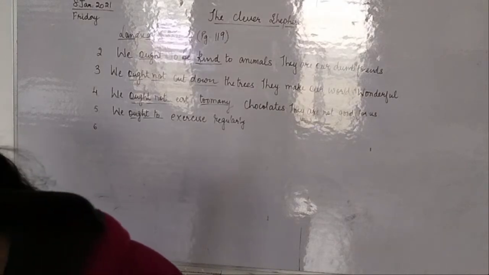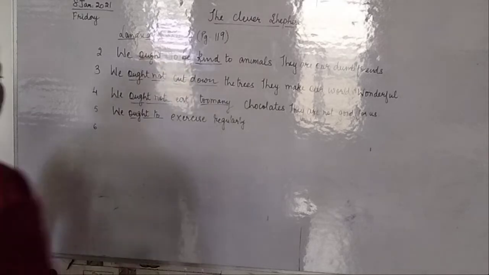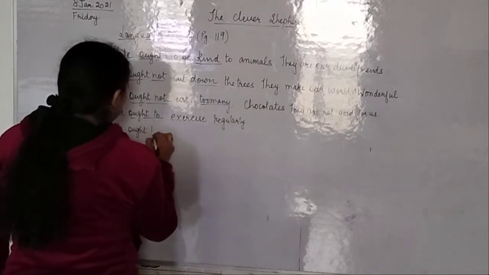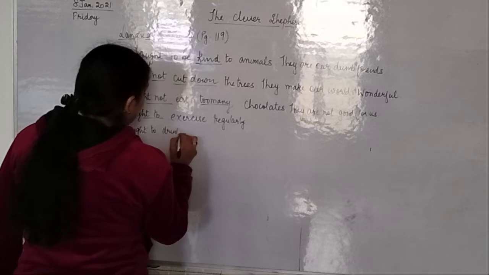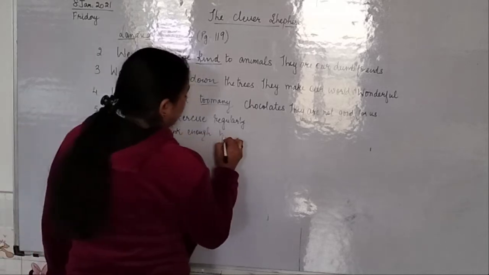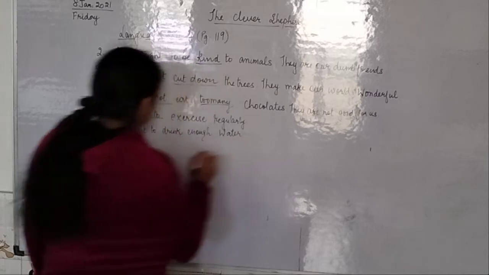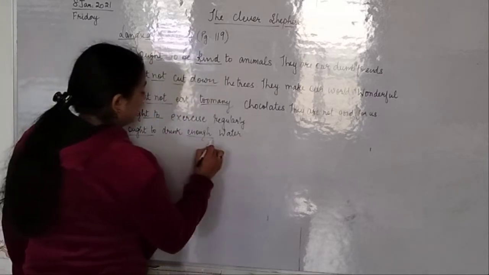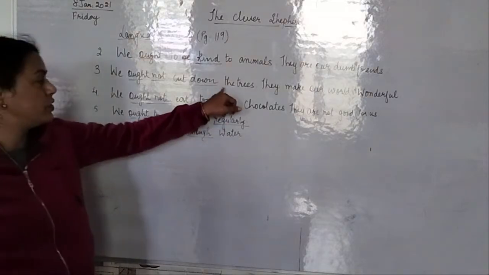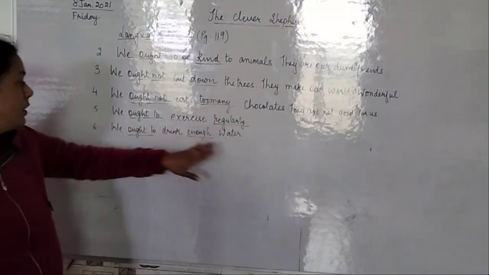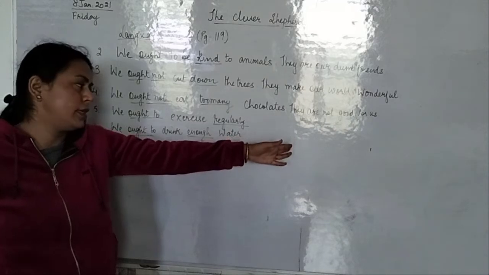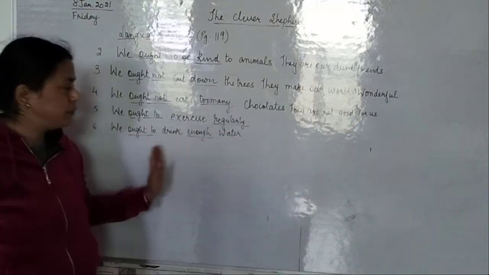We ought to drink enough water. So here again we are using the word they have given. We have used all the words which they have given us to use, right? So you can either write the other sentence, adjoining sentence with it, or it is part of this.